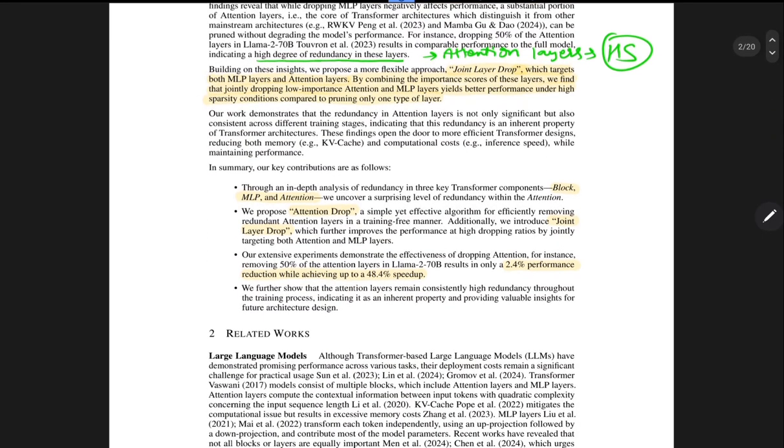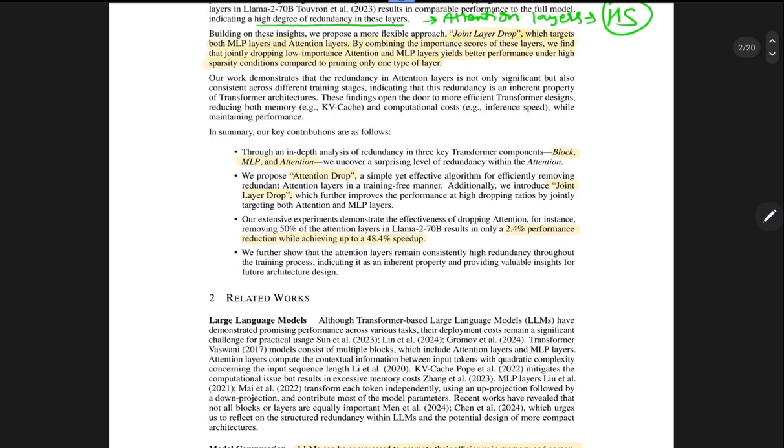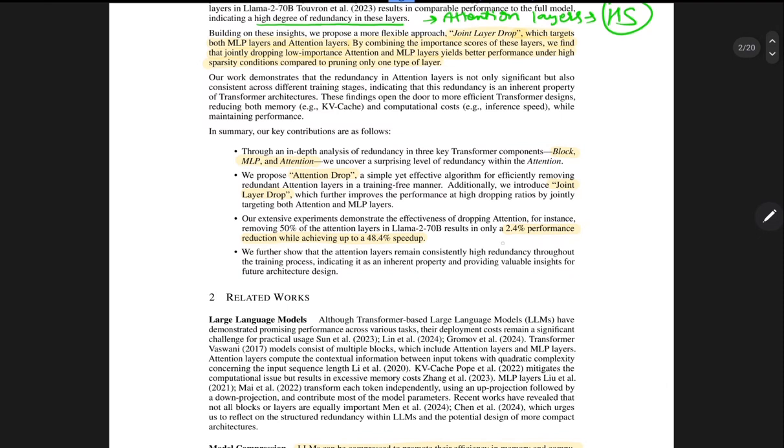In summary, the contribution comes like this. They cover the three important parts, dropping block, MLP and attention, and give us an analysis. Then they introduce attention drop. They also introduce joint layer drop, targeting both attention and MLP layers. Then they give the results: a 2.4% performance reduction while achieving up to 48.4% speedup.